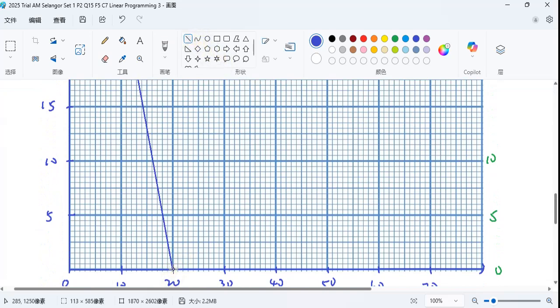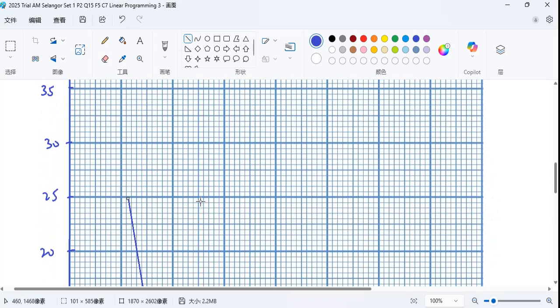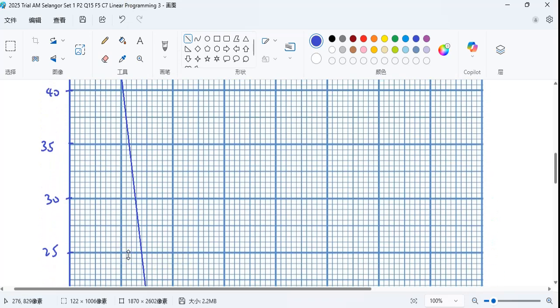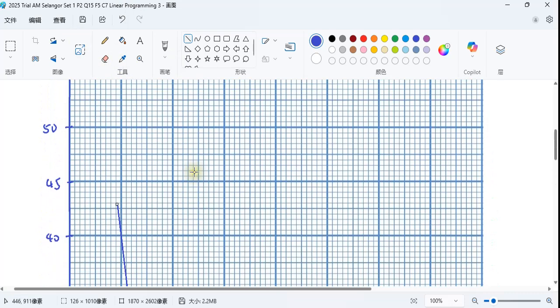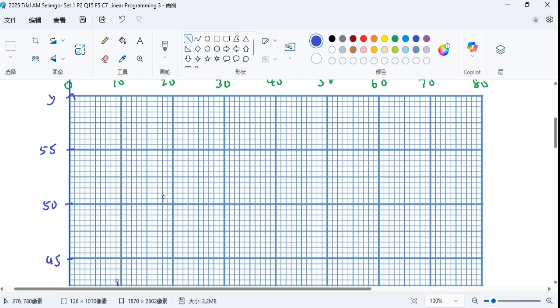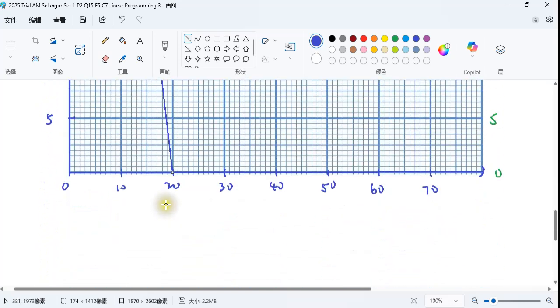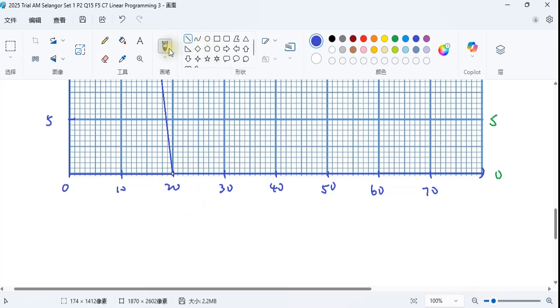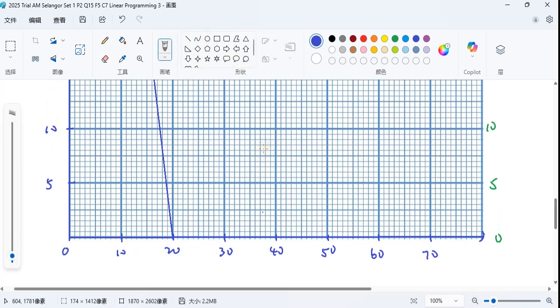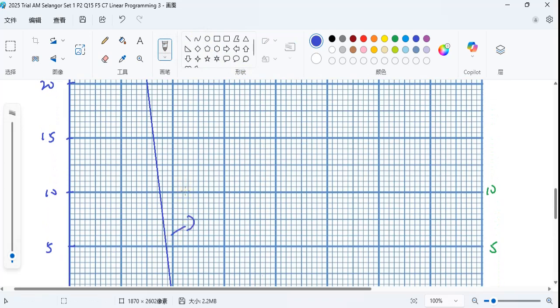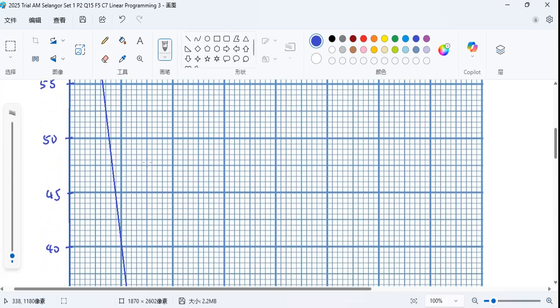So 20, 0, and then 10, 40 is like this. So this is greater than.